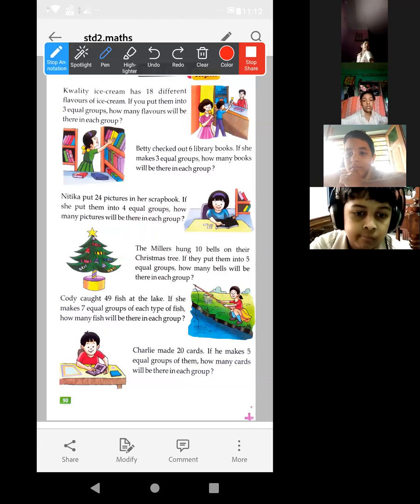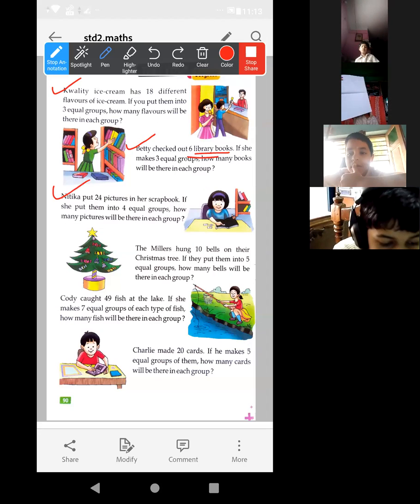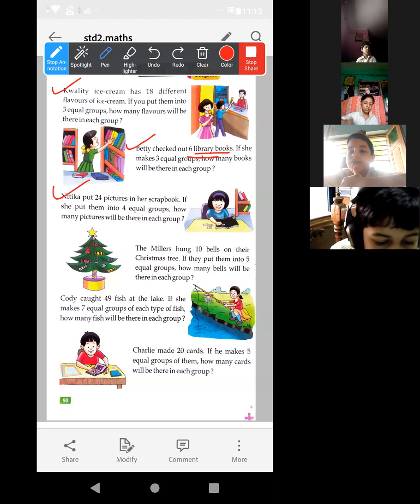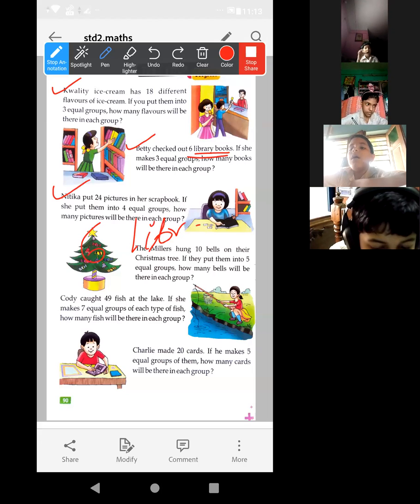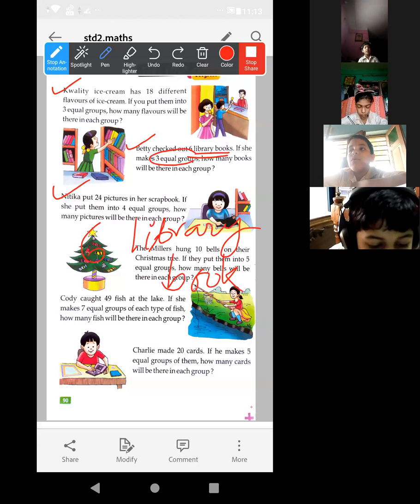Look, number 2 is given. Betty checked out 6 library books. How many library books? 6, okay? 6 library books. And if she makes 3 equal groups, how many groups?